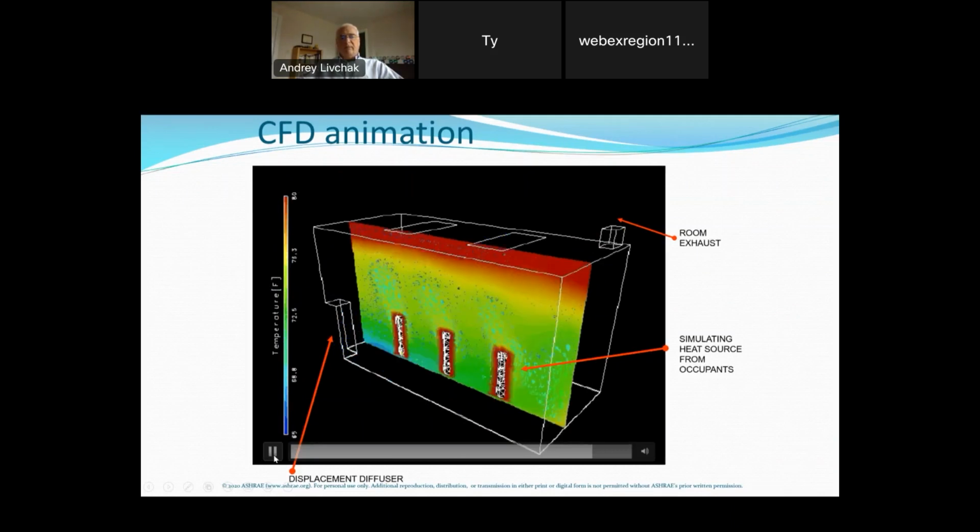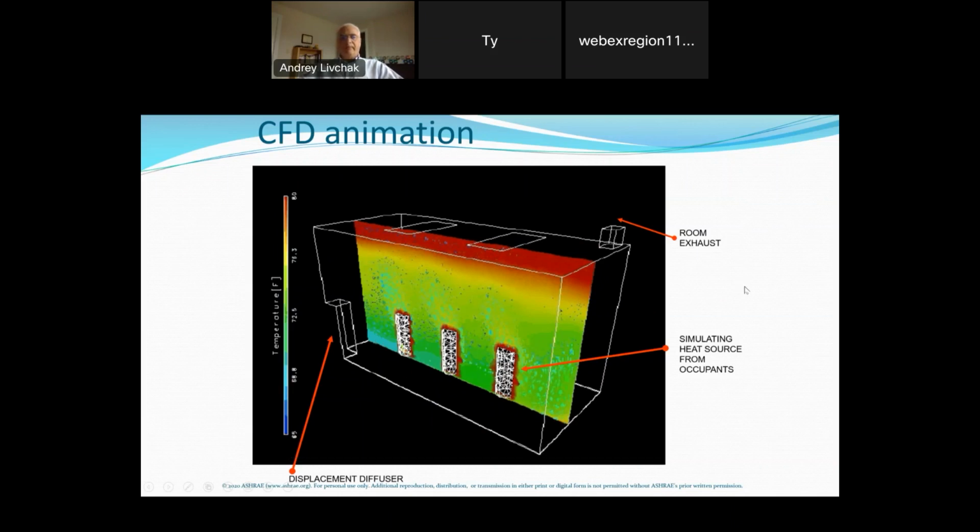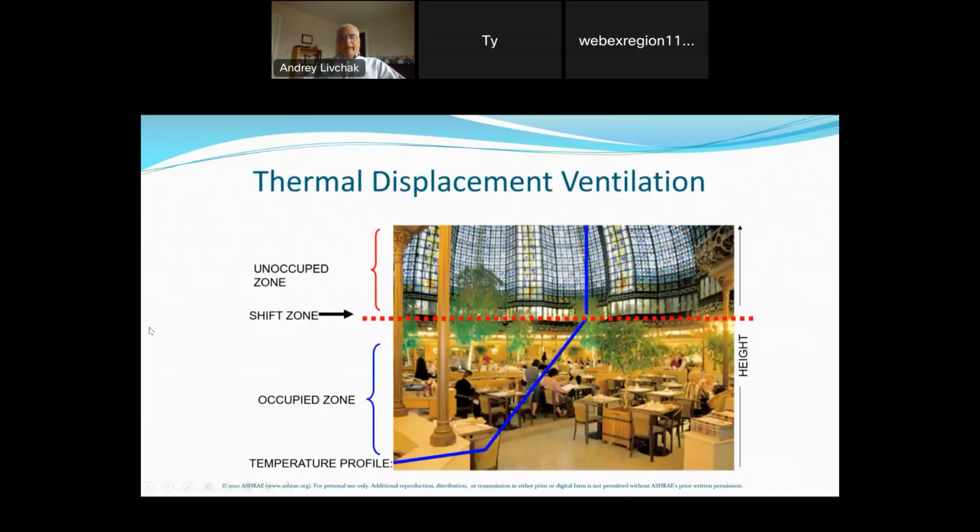And here is the temperature profile in the space. Green and blue colors represent cooler temperature, and red and yellow represent warmer temperature. We can see that there is a lower temperature in the lower part of the space. We call it the occupied zone, and higher temperature in the upper part of the space. This is how it looks in a typical building. Displacement ventilation is very efficient for spaces with a high ceiling.